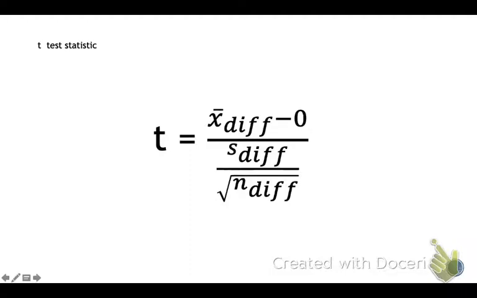So we're going to take our observed difference, x bar of the difference, minus our parameter, assumed to be 0, divided by the standard error, which is the standard deviation of the difference divided by the square root of our sample size, right? And that's how we calculate our test statistic.